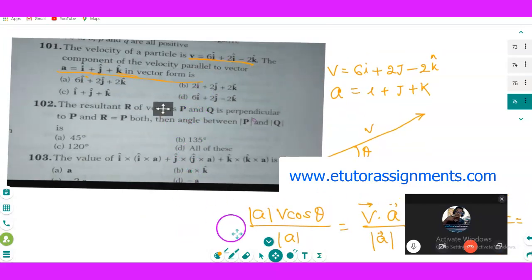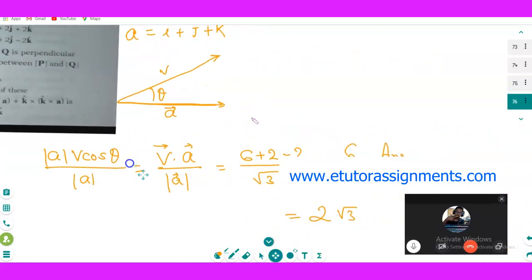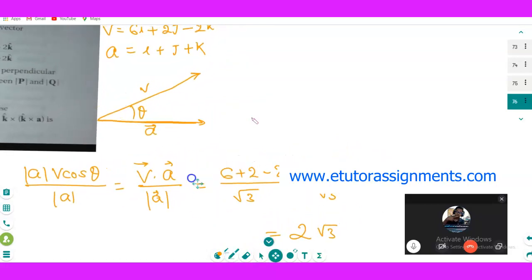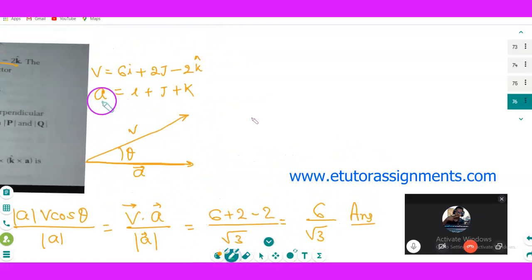But they are asking to write it in vector form. First, this is the magnitude of the component. Now, we need the unit vector along A. Here there is a little trick.